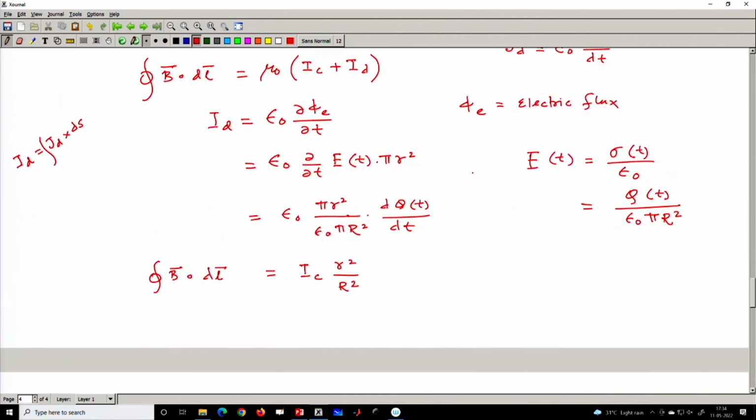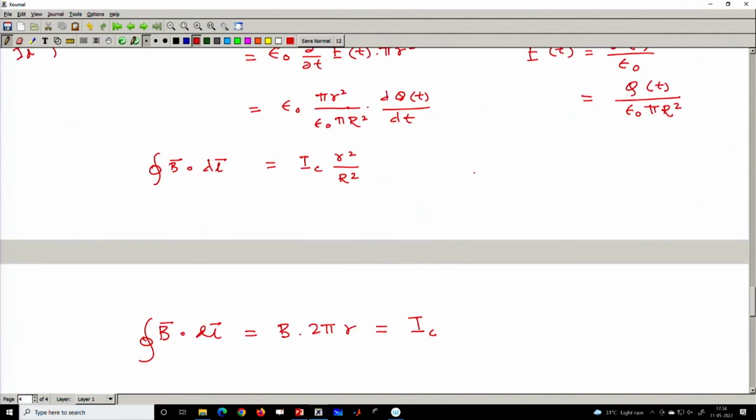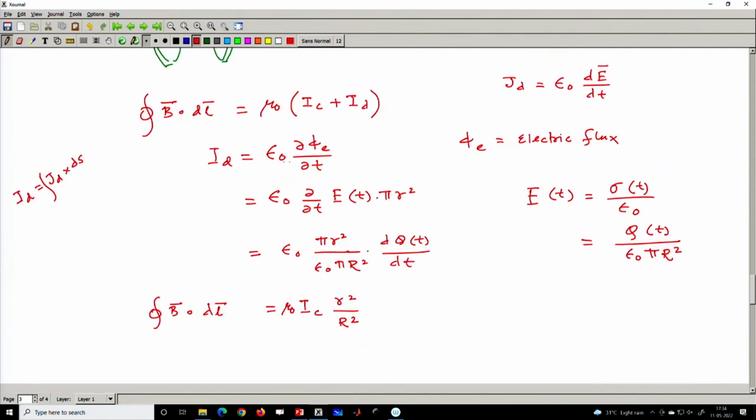I should have mu 0 here, and this quantity ID I am calculating so far.